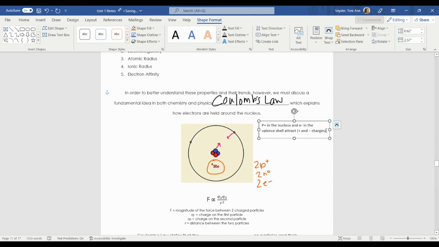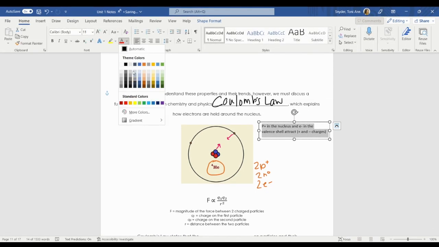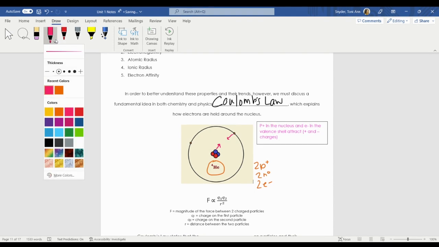I'm going to color code this so I can go back and refer to it at some point. Let's make it pink right there. So protons in the nucleus and electrons in the valence shell will attract one another, right? And that's because they're positive and negative charges. However, because I also have two protons that are practically on top of one another, right?